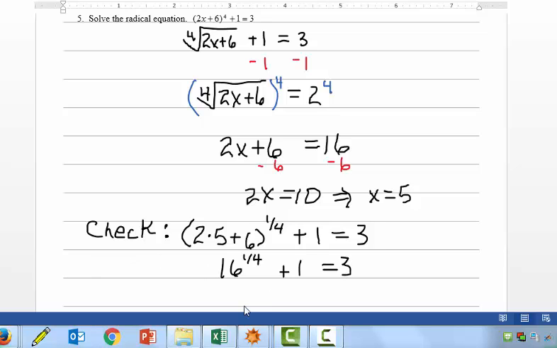And we know 16 to the 1/4 is the fourth root of 16, which is 2. And 2 plus 1 really does equal 3. So our solution set then is the set containing 5, since 5 makes the equation true.